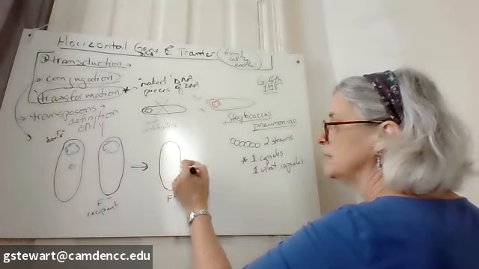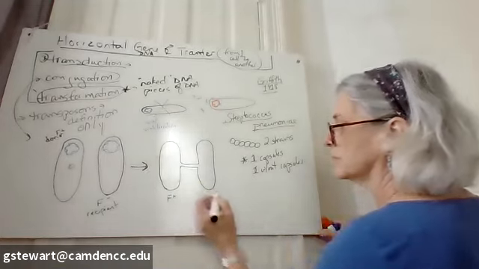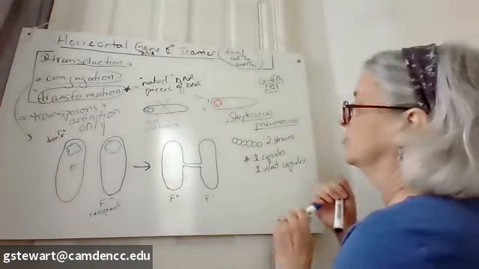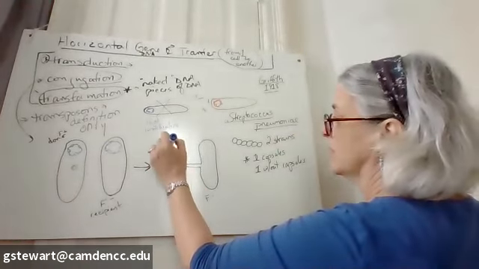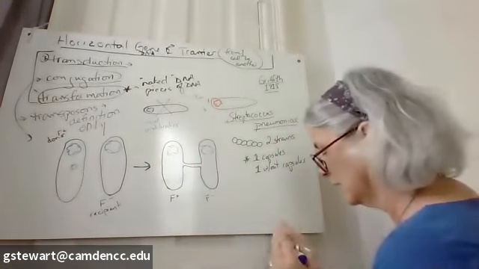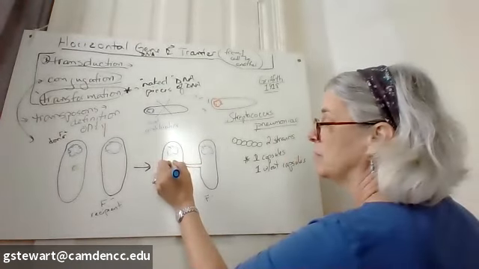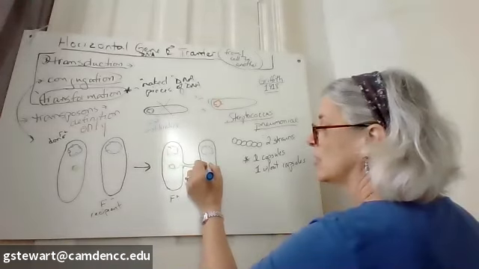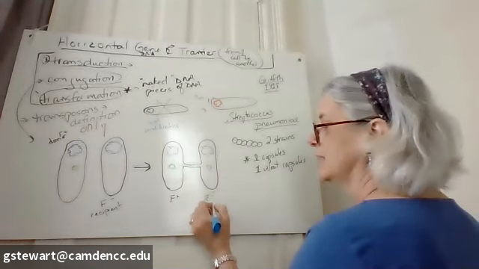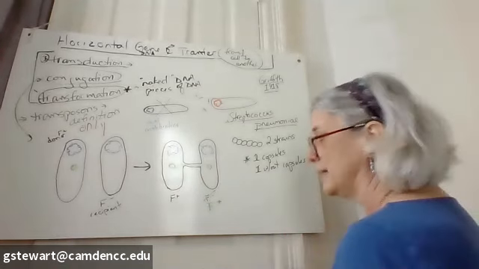So it's going to have to transcribe and translate, so we need RNA polymerase for that. It makes a copy of the plasmid, sends it across the bridge, and now our formerly F- cell is going to become an F+ cell or a donor cell once it receives a copy of the plasmid.